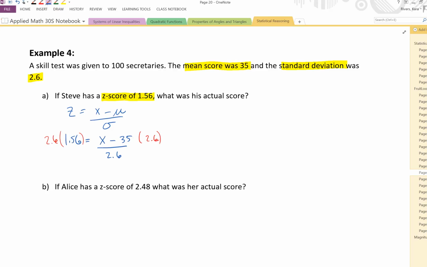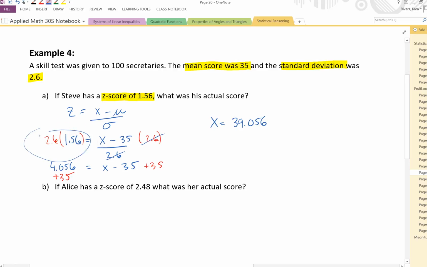And we get that these cancel out. 2.6 times 1.56 is 4.056. So add 35 to both sides, and you end up with an actual score of 39.056.